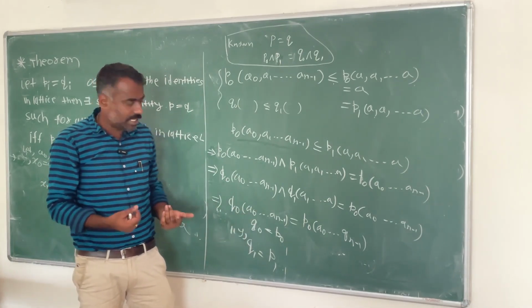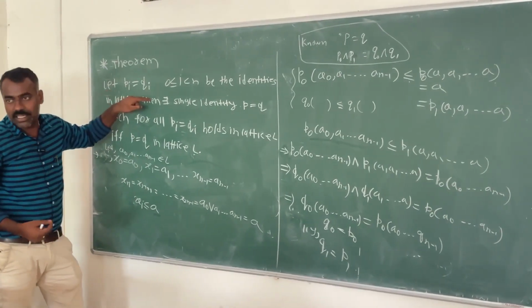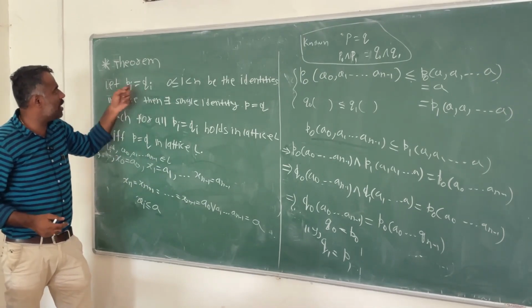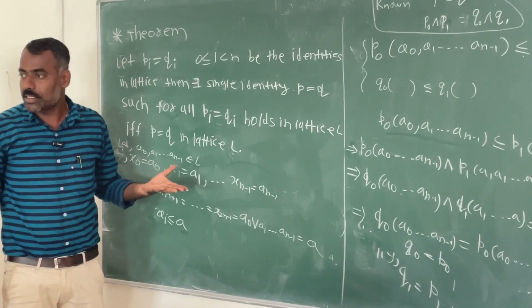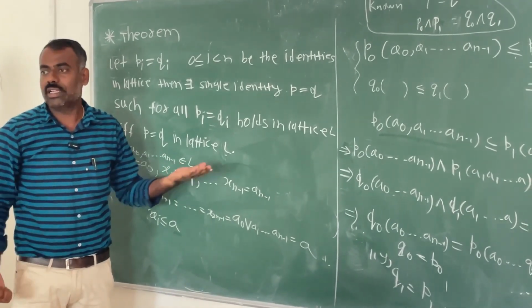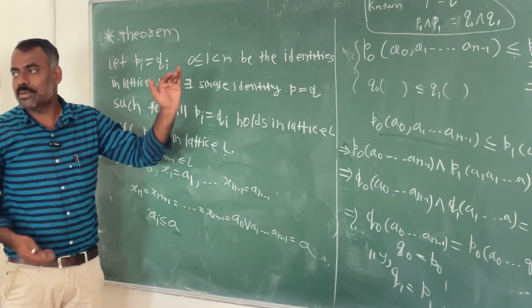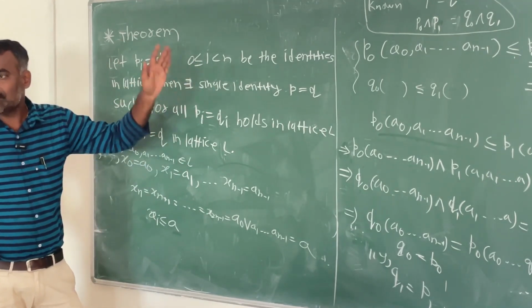So if you take any n identities, this we have understood for two identities. P naught is equal to Q naught, P1 is equal to Q1. We got an identity P equal to Q. What is P? It is obviously in terms of Pi's, and Q is in terms of Qi's. Simply take the meet of these for P, and your Q is the meet of those.